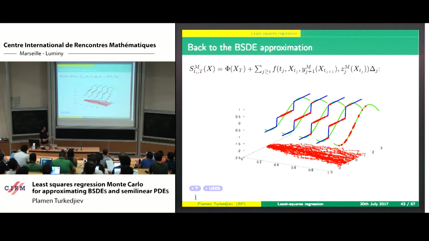We then go to the penultimate time point, approximate our conditional expectation there, then use the approximation and the terminal value to approximate the next conditional expectation, and we go back and back and back. But at each additional level of approximation, we're going to introduce all of the error that we've already incurred in the previous steps.